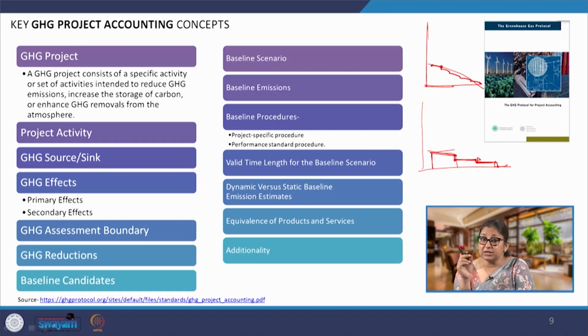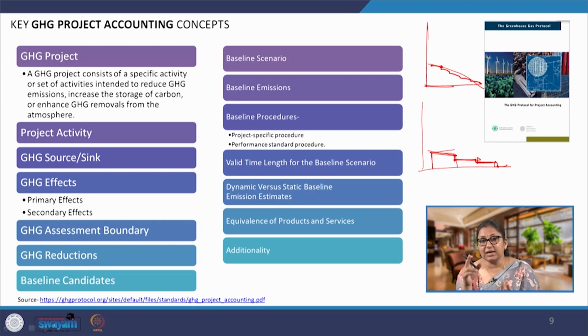For example, in IIT Roorkee's case, as I said, we installed photovoltaics and we also installed the solar thermal dishes. The baseline for that could be, say, the average of 5 years before the installation happened, and then I can calculate the reductions post that.